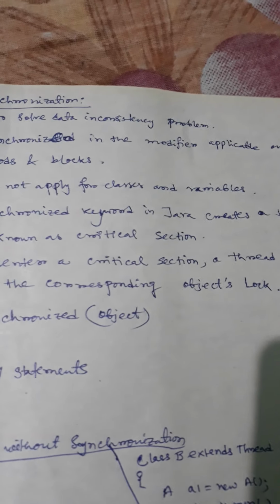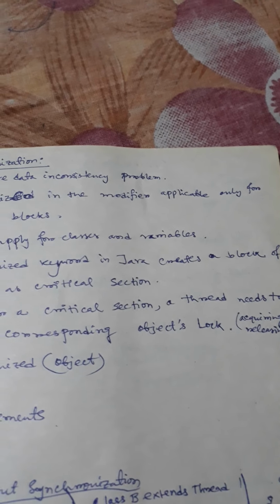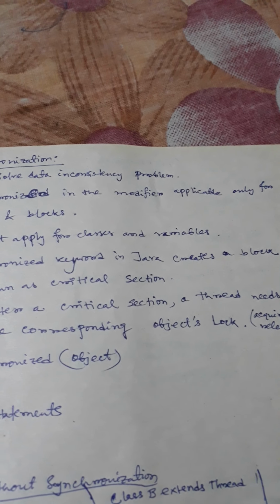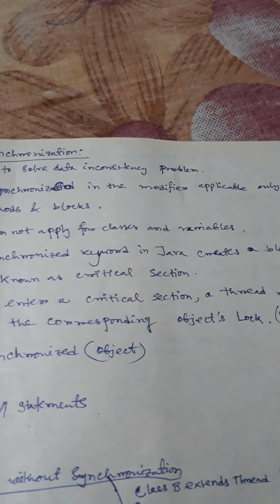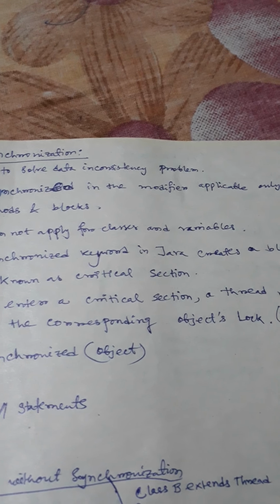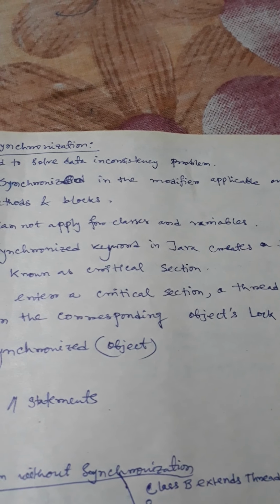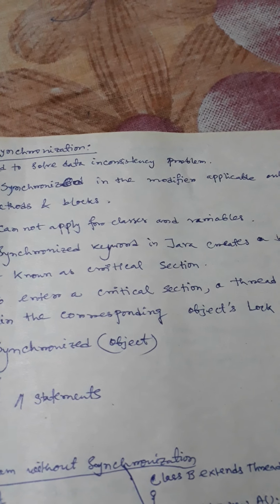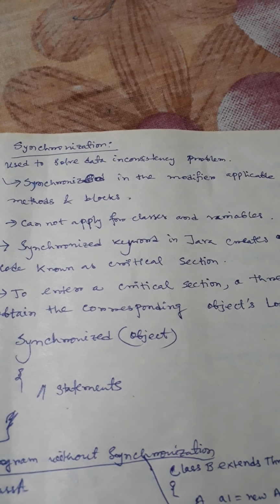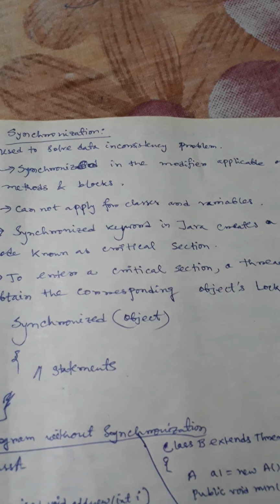Next is synchronization. In synchronization, we have seen that in multi-threading, output comes randomly. To see proper output, we have to use the synchronized keyword before the method. Synchronized is used to solve the data inconsistency problem.